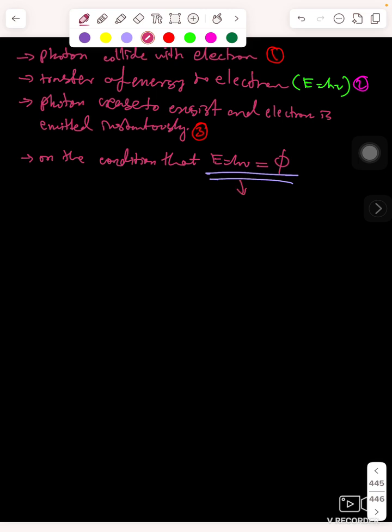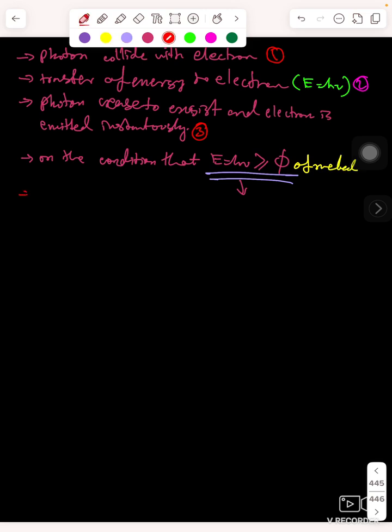That's the third point. Fourth point, on the condition that the energy of the photon is equal to or greater than the work function of the metal.